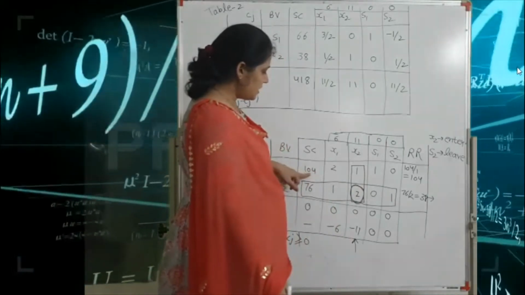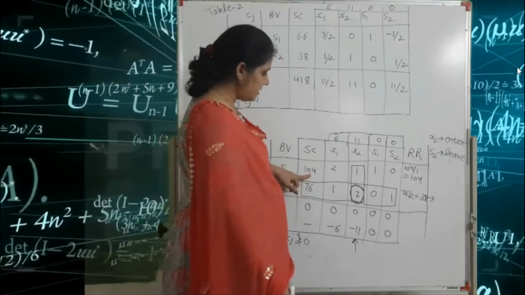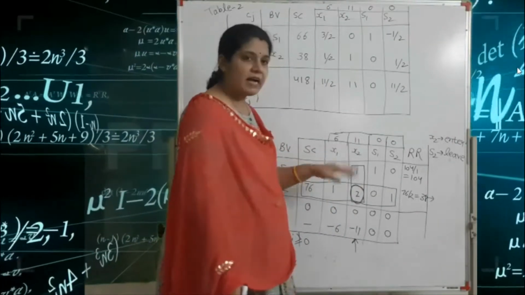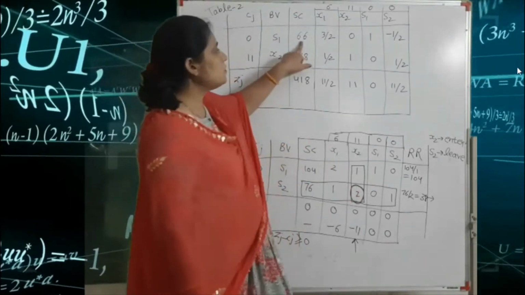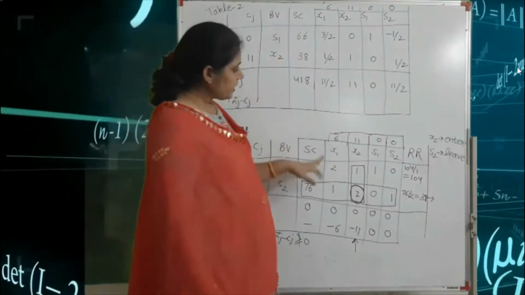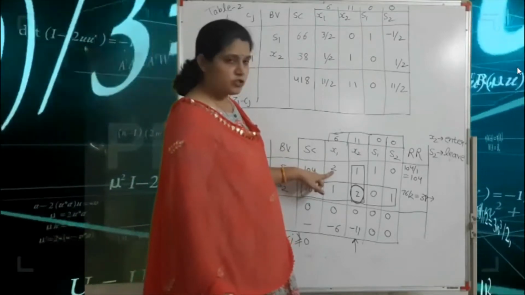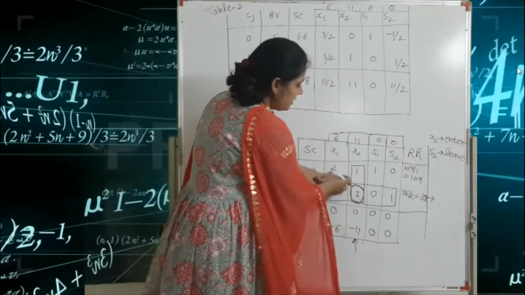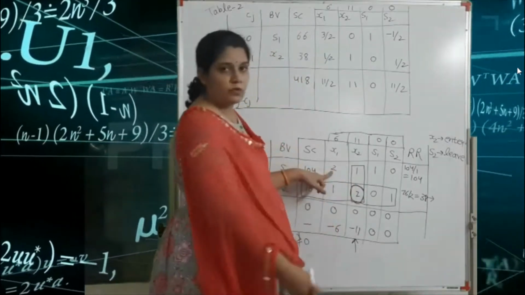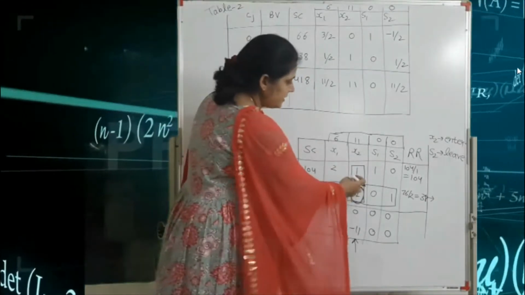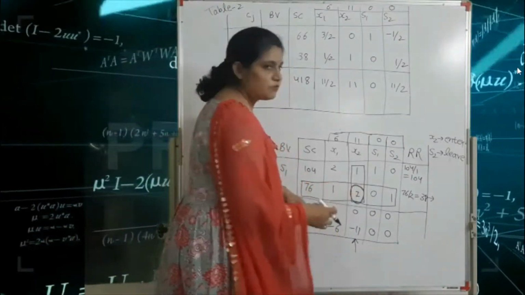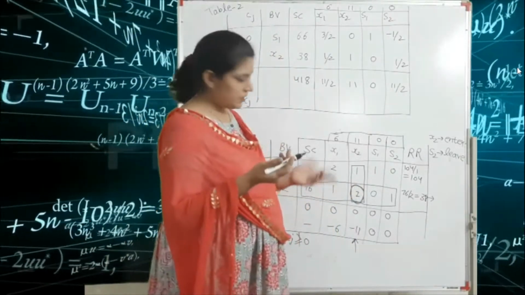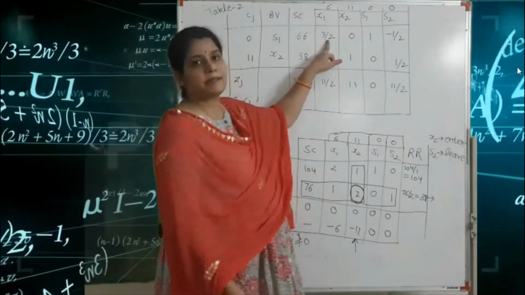So 208 minus 76 divided by 2 is equal to 66. Next, the place value 2 changes. Key number 2 into 2 is 4, minus the determinant 1. So 4 minus 1 is 3, and 3 divided by 2 is 3 by 2.